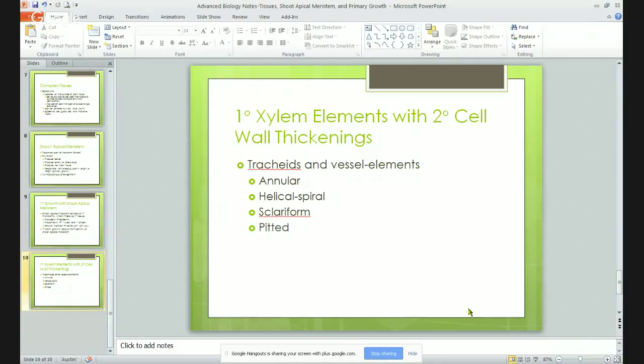Those are bordered pits, meaning they've got that extra secondary cell wall kind of overlapping, so the openings of the pit fields aren't very wide.